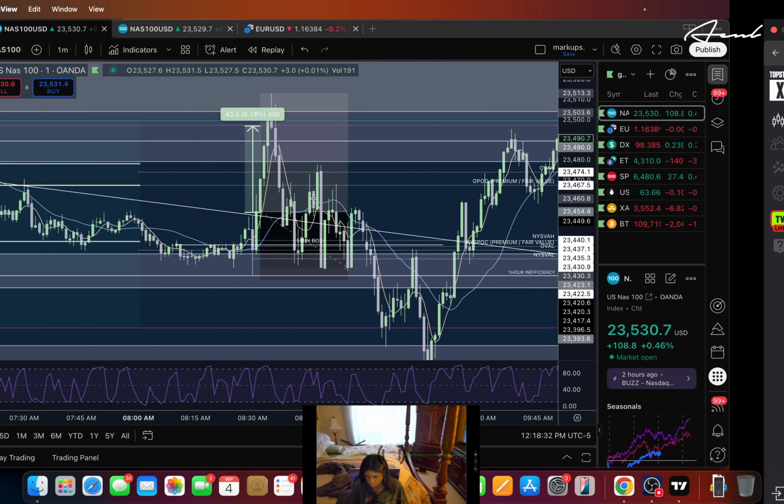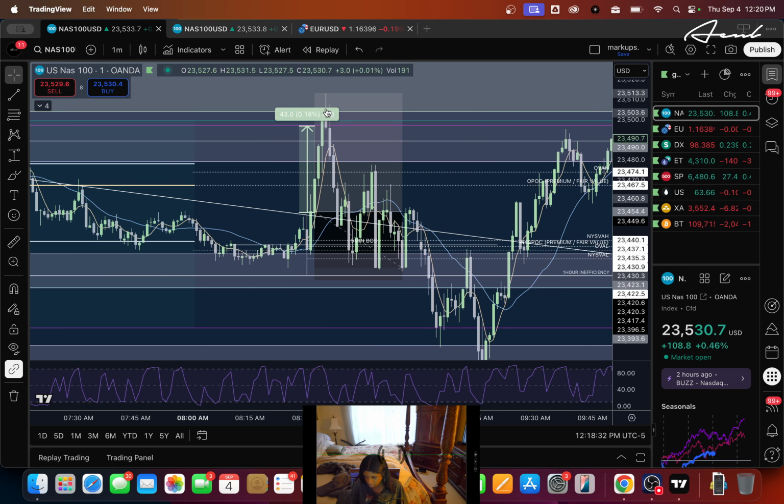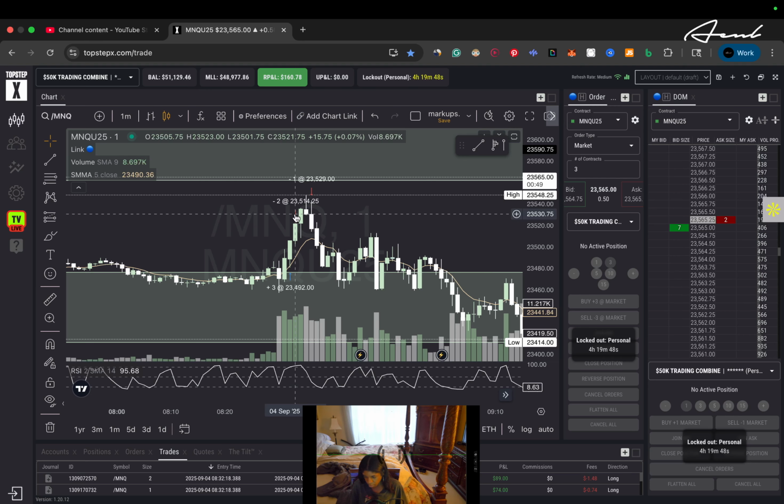Technically over here it hit the zone I was looking for. So that was the trade for today, and you can see that on Top Step right there.